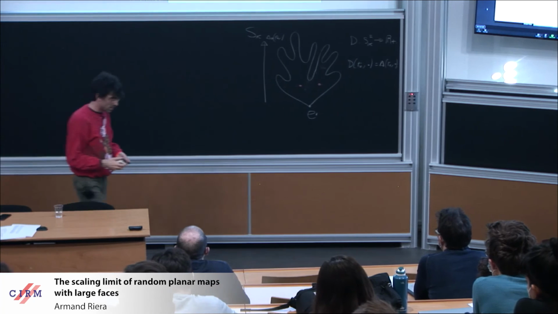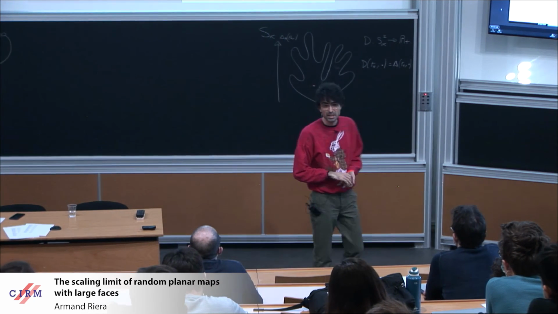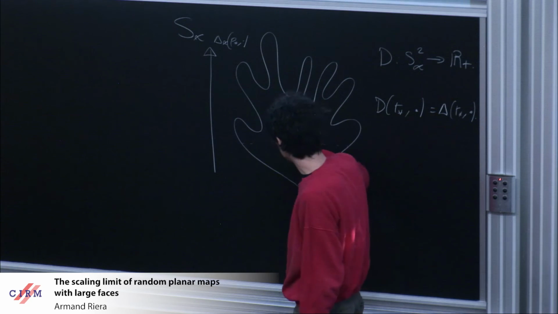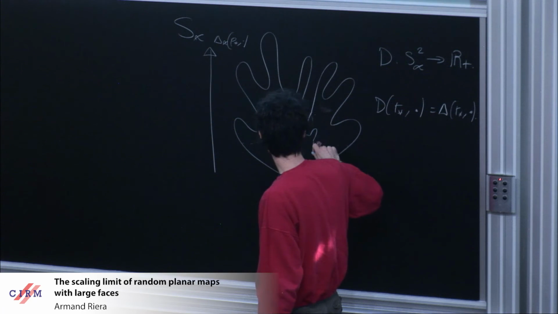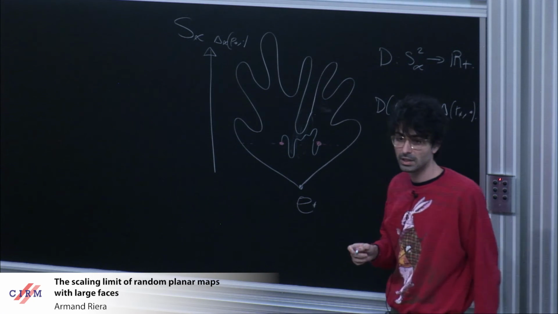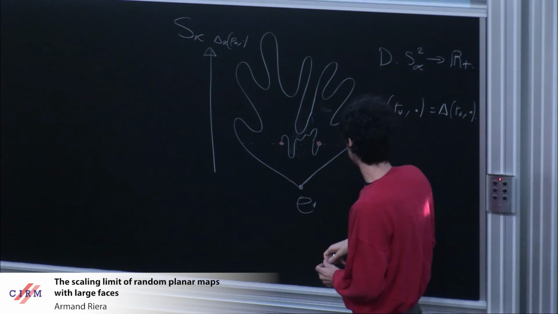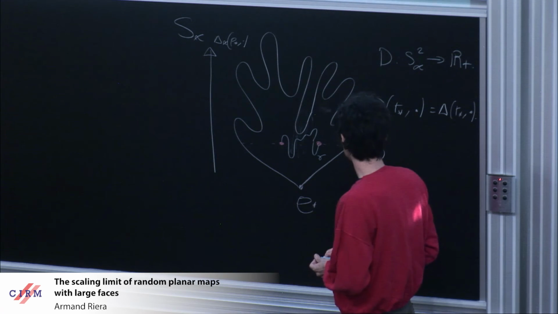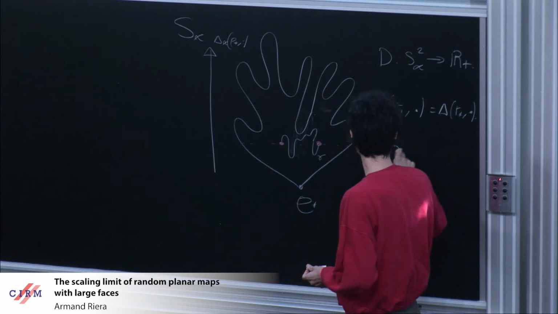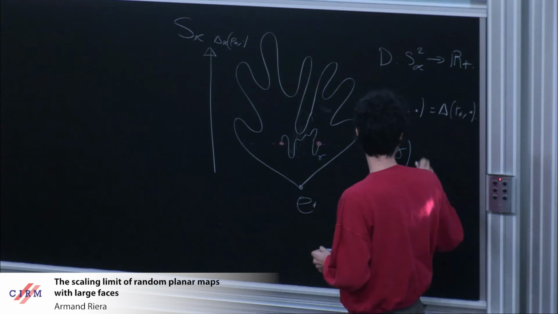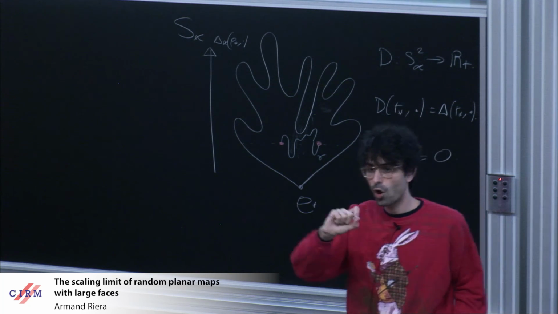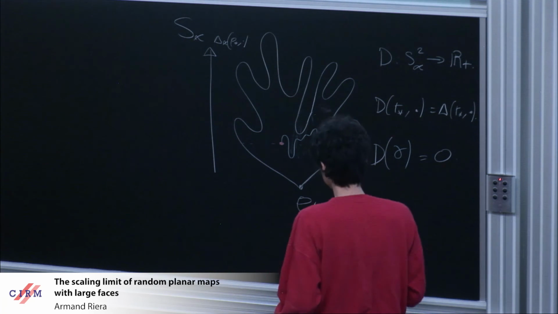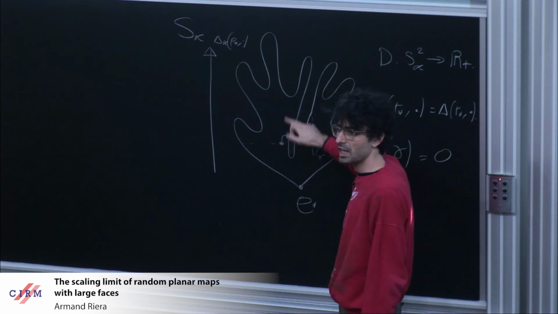Okay. But now we are dealing with a geodesic space. So if you are identifying two points, it means that you have some path connecting them, let's say gamma, such that the length for D of gamma is 0. So you are identifying all the points of this path. But now imagine that your path is making a vertical movement.